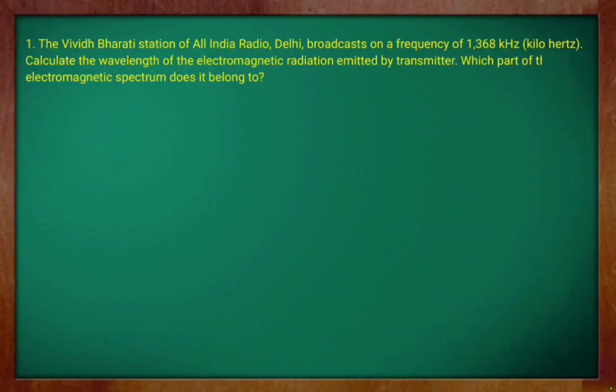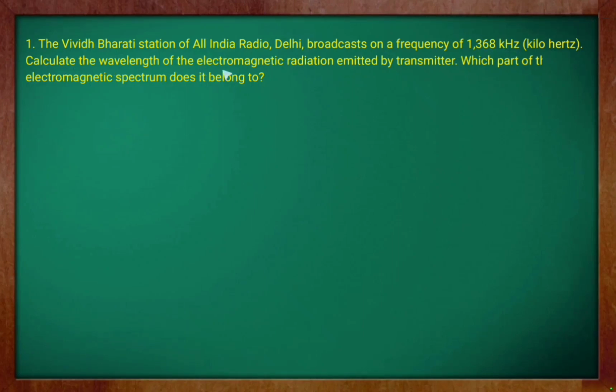Let us discuss a few questions on how to find the frequency or wavelength for a particular radiation of the electromagnetic spectrum. The question is: the Vividh Bharati station of All India Radio Delhi broadcasts on a frequency of 1368 kHz.